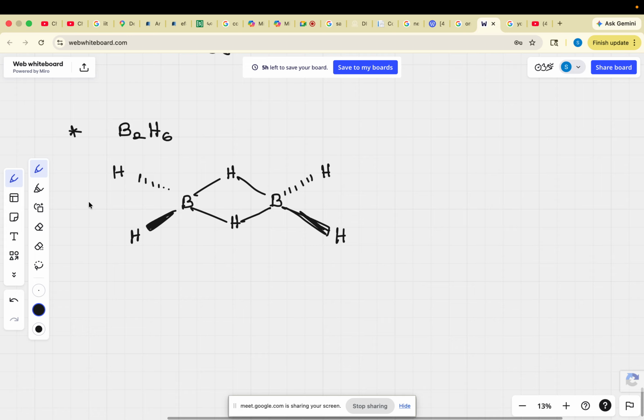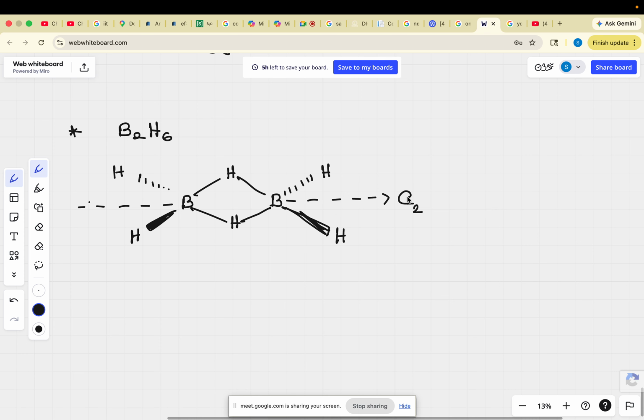Now tell me, what will be the principal axis of symmetry? If I pass an axis through here, that is your C2 axis. Along this axis, if you rotate by 180 degrees, these hydrogens will change their positions, and you will get an equivalent structure.